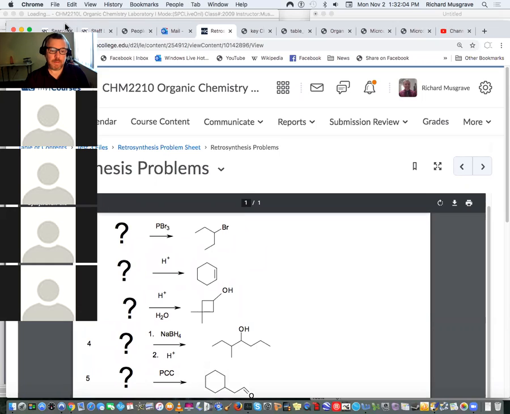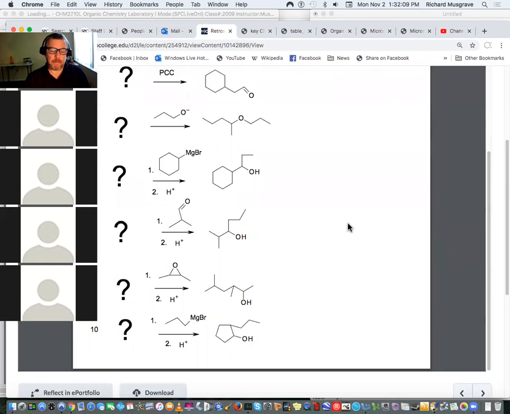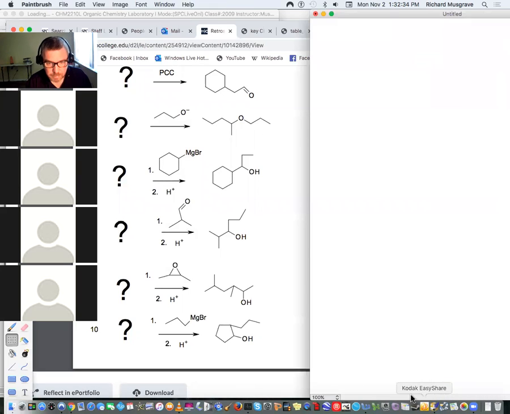On number 10, I made it a double bond instead of an epoxide. No, it has to be an epoxide. And the reason for that is because the thing that's reacting with it is the MgBr, the Grignard reagent. Now I'm going to show you something here. See here, this is what has to be.